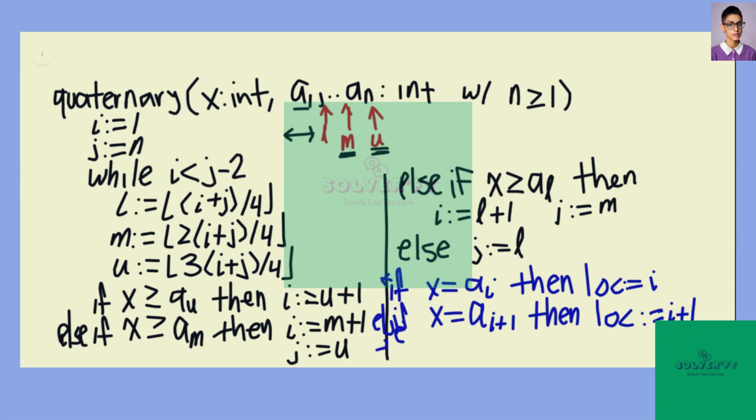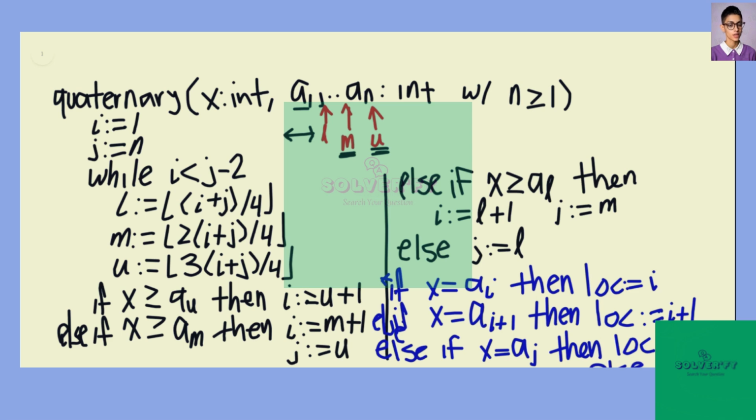And lastly, just for the third remaining element, if x is equal to a sub j, then the location is equal to j. All right, and so the very last case would be if the element is not in the list.